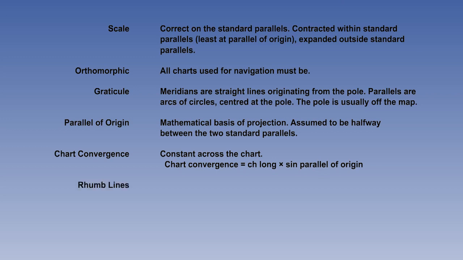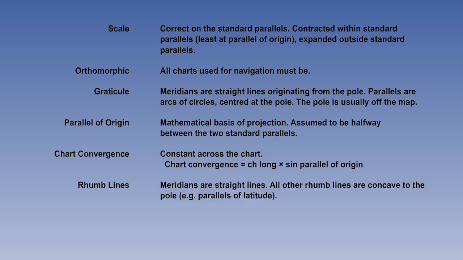How Rhumb lines are shown depends on their orientation. Meridians are straight lines. However, they are the exception. All other Rhumb lines are concave to the pole. This is most easily visualized by considering a parallel of latitude. And finally, great circles.